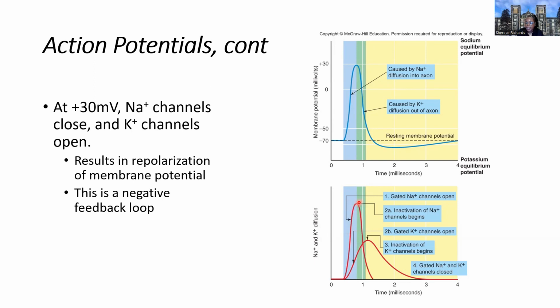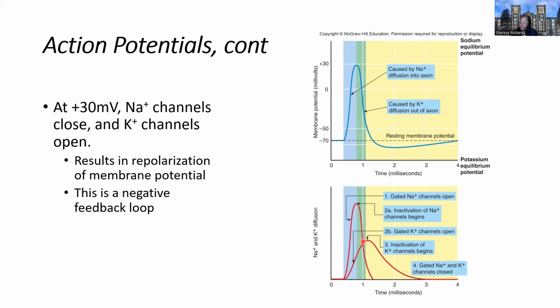And at this time, now the channels are going to be inactivated. So the activation gates may still be open, but now the inactivation gates have closed because of that condition that we just described. And then we think about potassium's movement. So potassium channels are going to be activated at +30. This is going to correspond with the inactivation gates on sodium closing when we get to +30. So now we're going to have our potassium channels open.